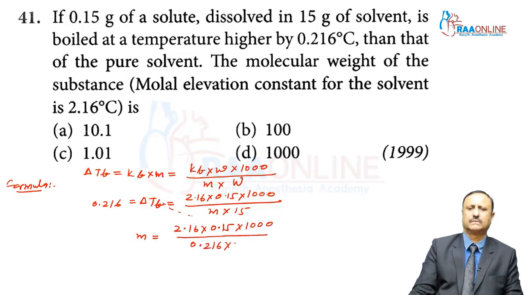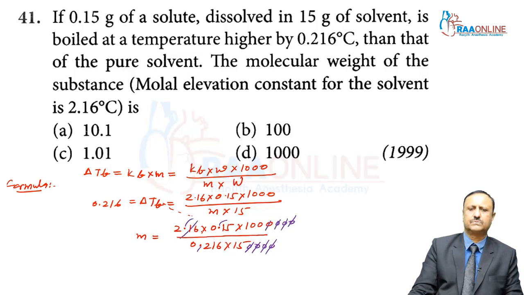So, your calculation is very easy, because this question was in the 1999 NEET exam. In this calculation, the decimal points are replaced, you can cancel out 1, 2, 3, 4 points.